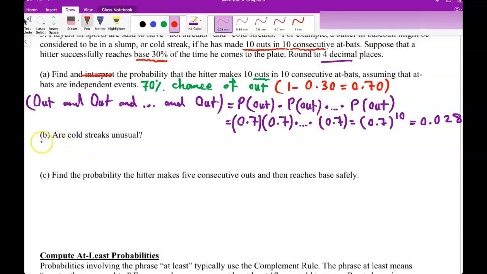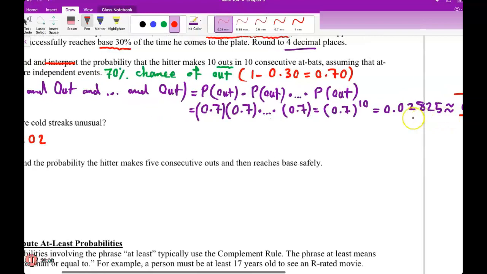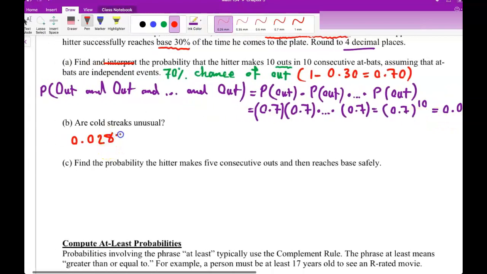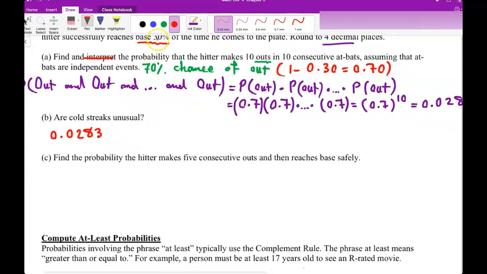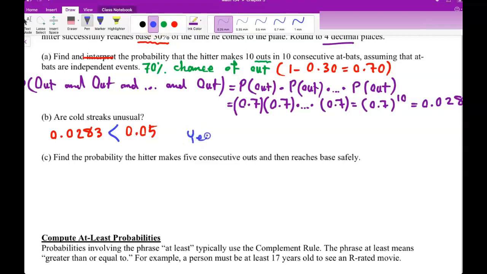So based on what we got in part A, we have 0.0283, and we want to see if this is less than 5%. Yes, this is obviously less than 5%, and the answer for this part is yes, unusual.